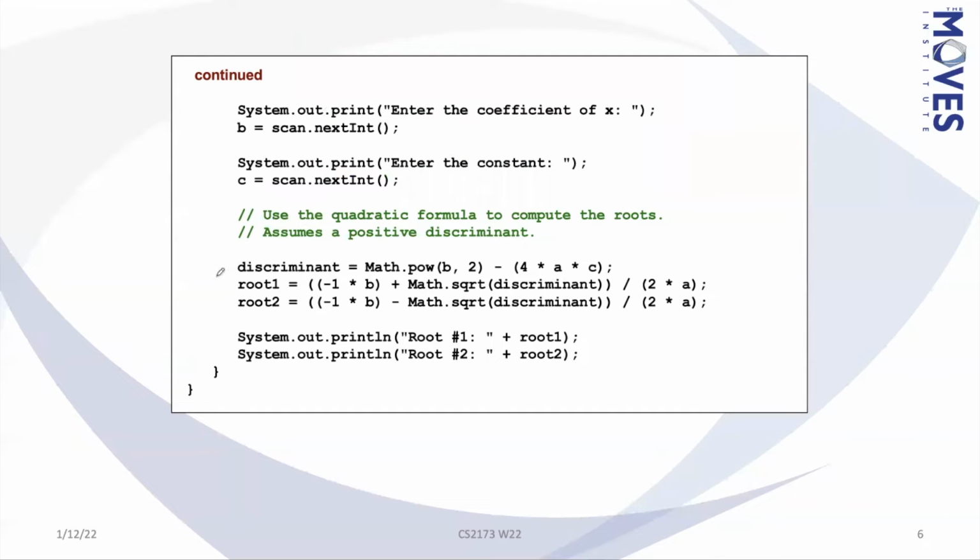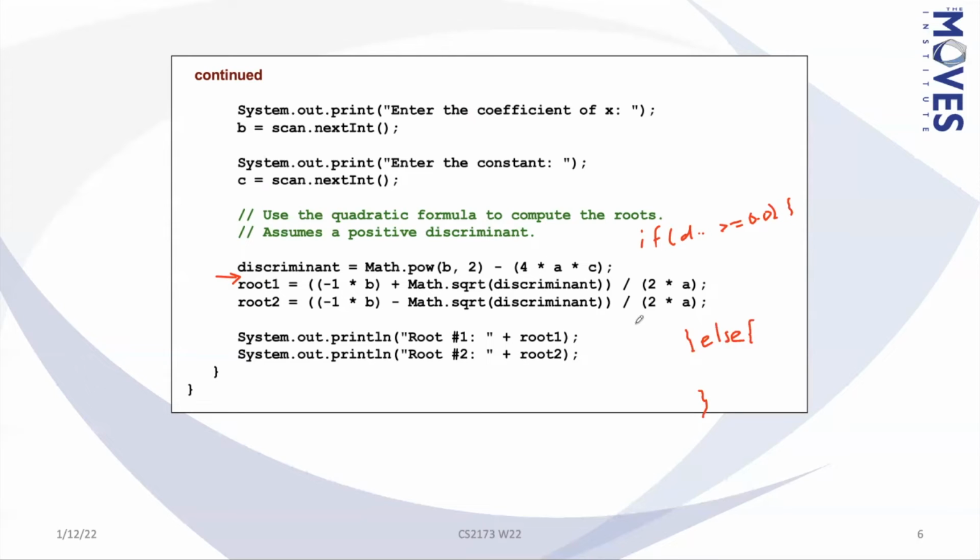But what you really should do here is have a test that says, basically, if the discriminant is bigger than or equal to 0, then you can do all this, and otherwise say, hey, these are complex numbers.